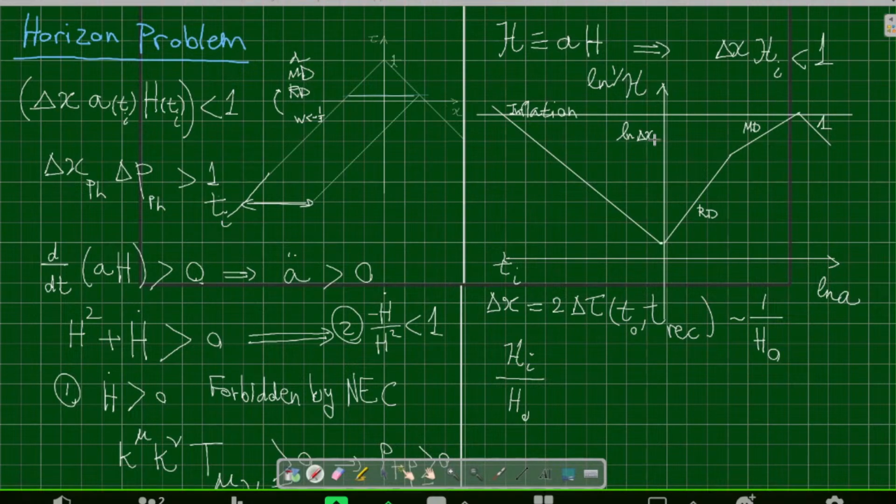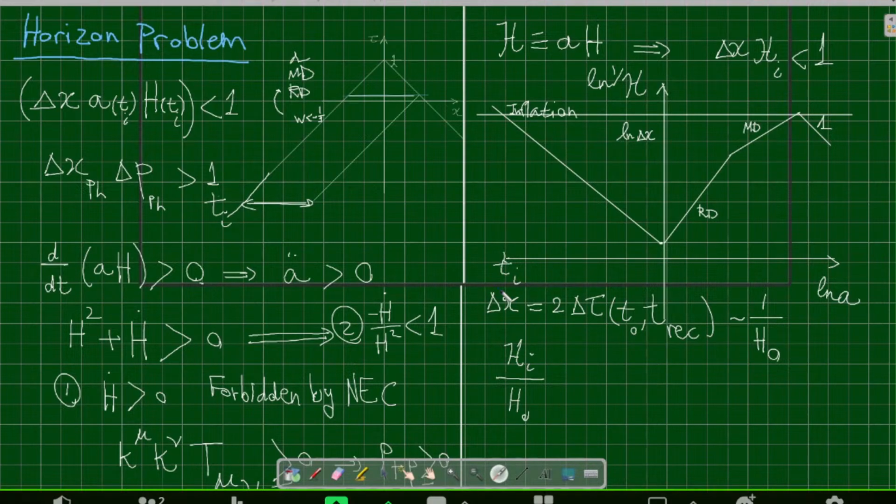Yes? That horizontal line, just below inflation. What does it represent? It represents log of delta x. So remember, what I want is delta x times hi to become less than 1 at some initial time ti.